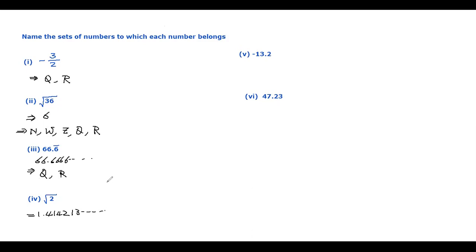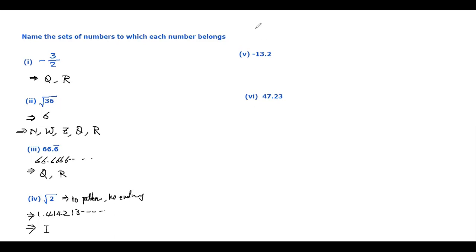There is no fixed pattern and no ending. So what type of number is this? This is irrational, so we use I to represent the irrationals.